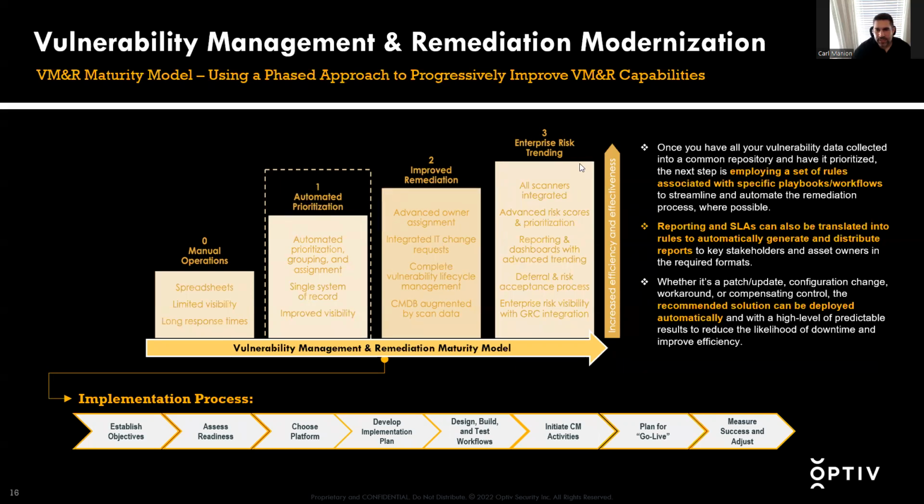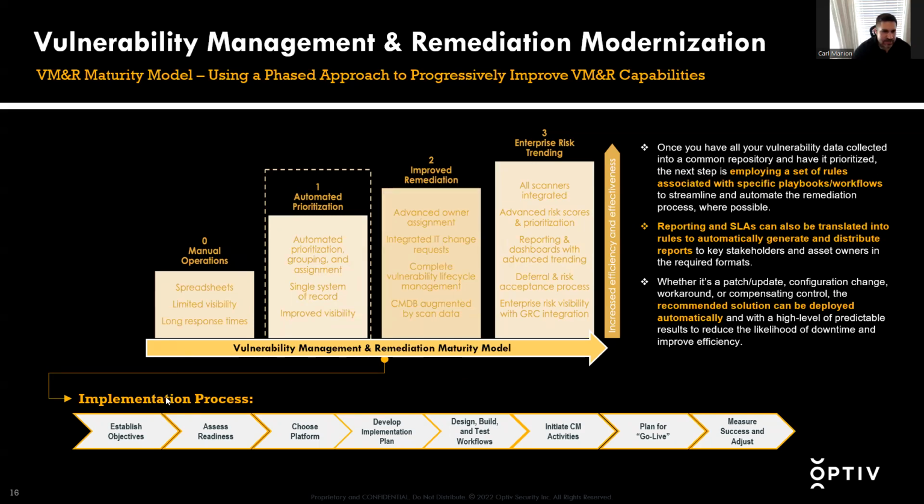Then look at the information that you're collecting from that for trends and continuously focus on improving, to where you can use the same process across all different types of scanners, incorporate more advanced risk scores and prioritization, considering all the information available, and improve reporting and dashboards to be more customized to end user needs, ultimately helping with the overall governance, risk and compliance or risk management approach to vulnerability management.